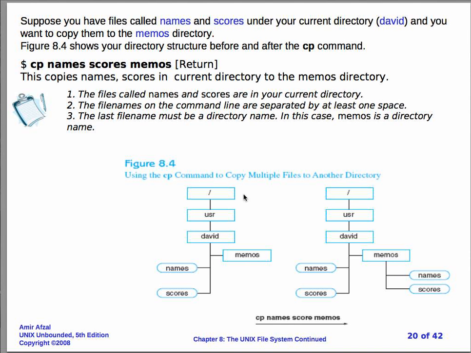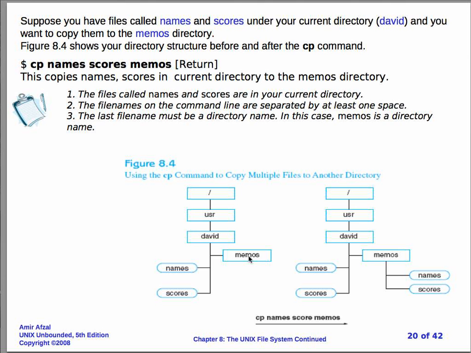You can do that with the copy command. Copy the first file you want to copy, the second file you want to copy, into this folder, and it copies both of these files into this destination folder.